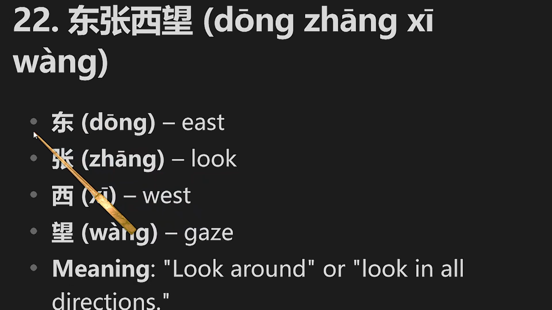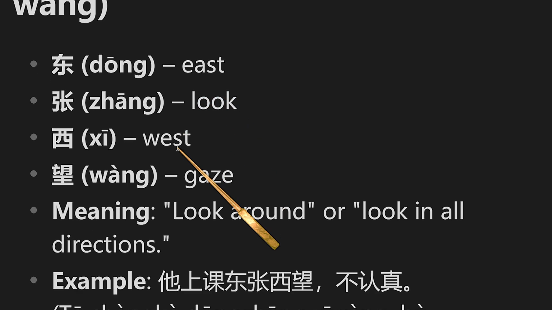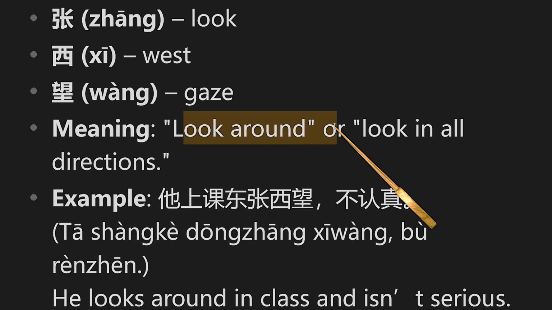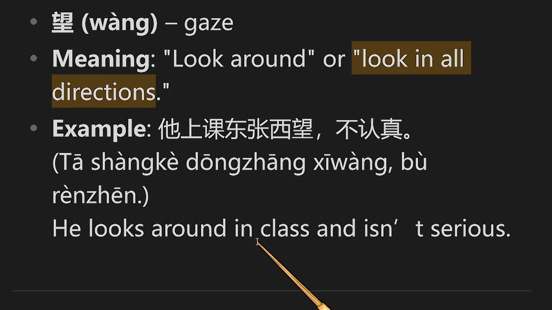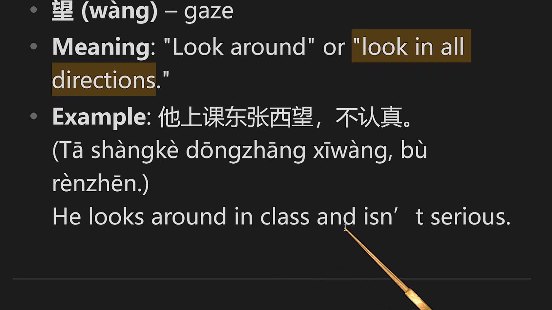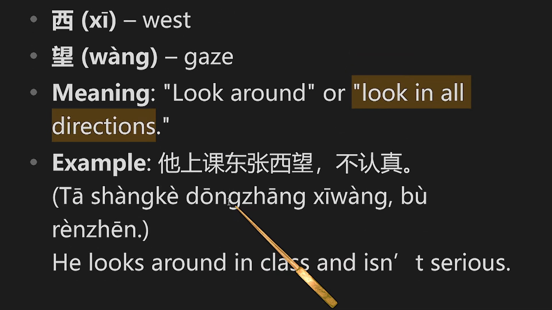What does that mean? 东 it's east. 张 here is to look. 西 west and 望 gaze. So look around or look in all directions. He looks around in class and isn't serious. His study is not so good.